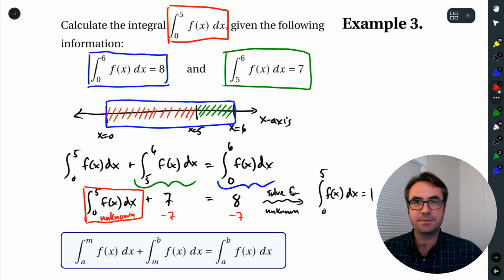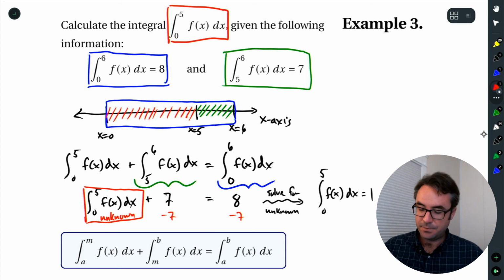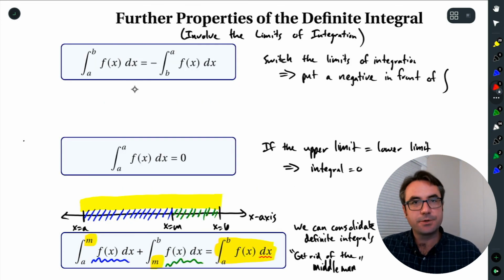All right, so some fun games there with some of these properties. We'll come back to them, because there are some more interpretations of these in a geometric sense. But for right now, we'll just keep these in mind. If we switch the limits of integration, that's something we can do.